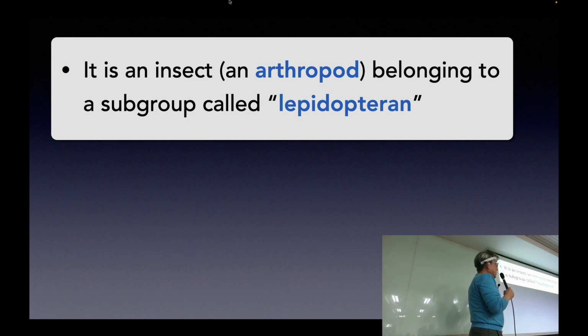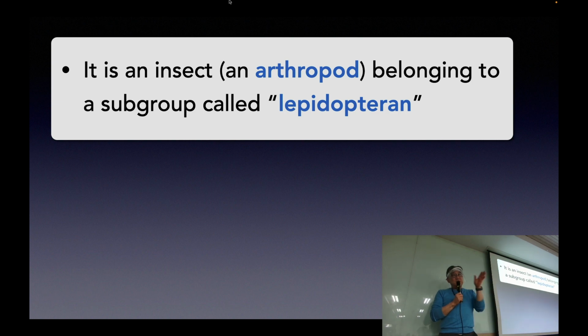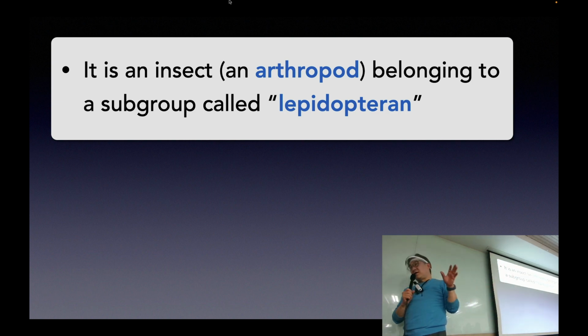The importance is not that. And even the scientific name of the group where the butterfly belongs is Lepidoptera. Who cares? But that's a professional way of classifying all these living creatures.